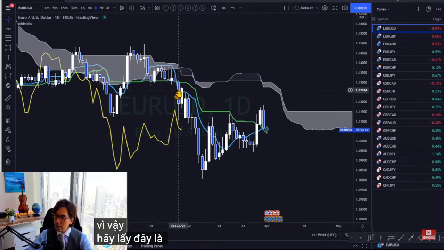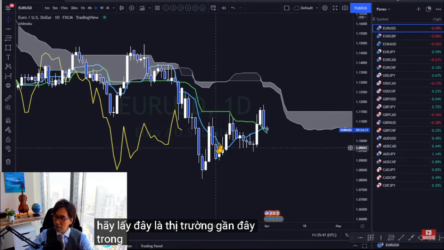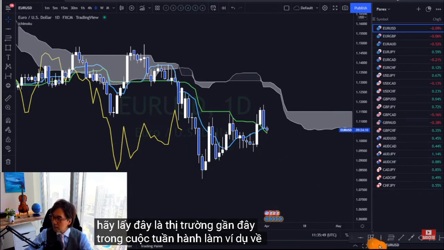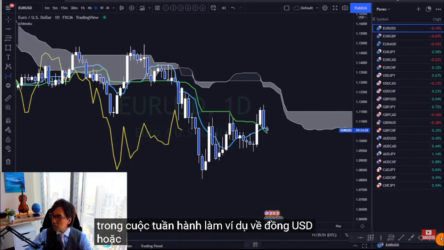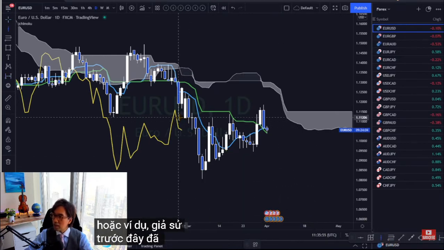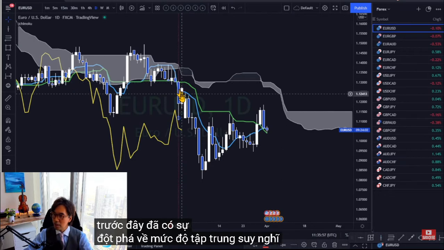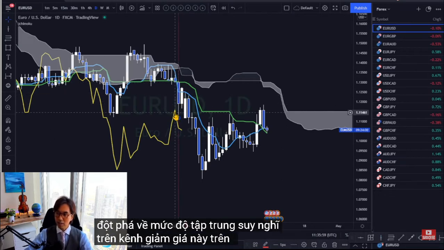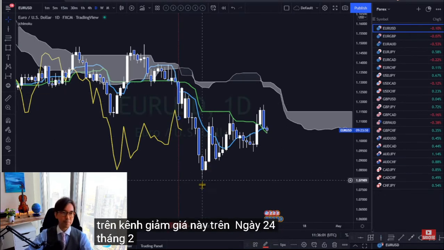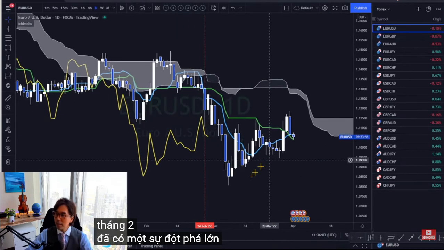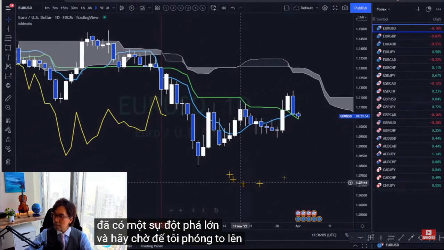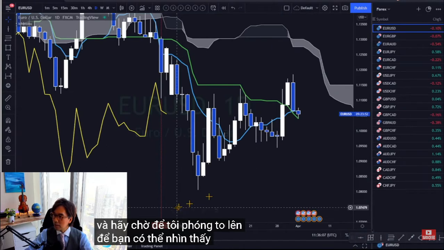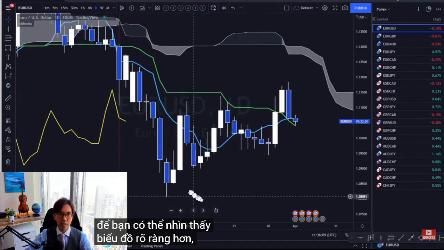So let's take the recent market in March as an example, Euro USD. Previously there was a Tenkan-sen, Kijun-sen breakout on this bearish candle on the 24th of February. There was a big breakout. And hold on, let me enlarge so that you can see the chart more clearly.